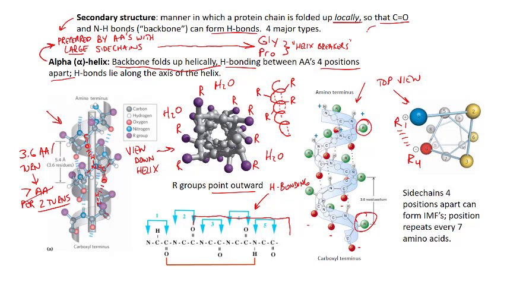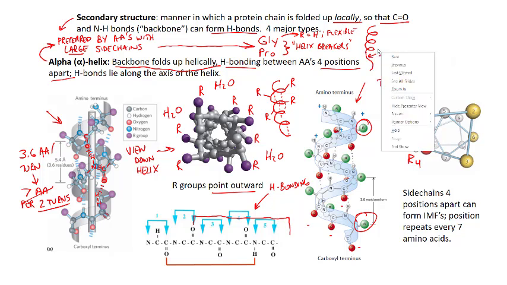Well, if you have a stretch of alpha helix like this, if you have glycine, remember glycine is the smallest amino acid. The side chain is just a hydrogen atom. Because of that, glycine is flexible. And so glycine tends to terminate a helix.